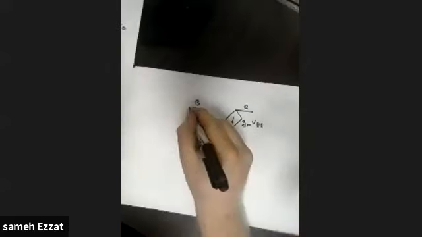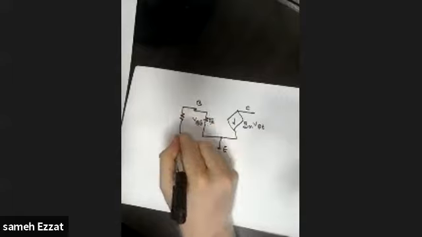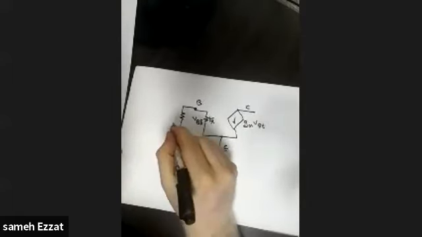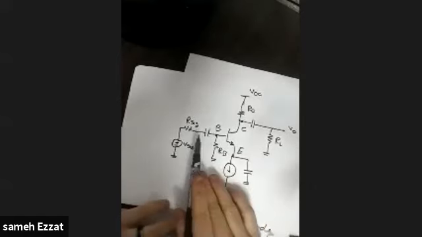Now let's go to the base. First, we have a resistance connected to the ground. So we have a resistance like that. This is called R capital B, as you can see. Then we have a capacitor, which we will treat as a short circuit, and then we have an R swing and an AC source.